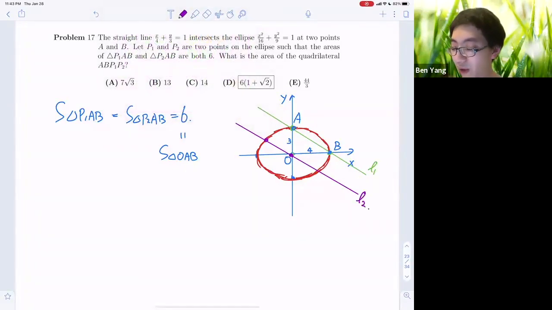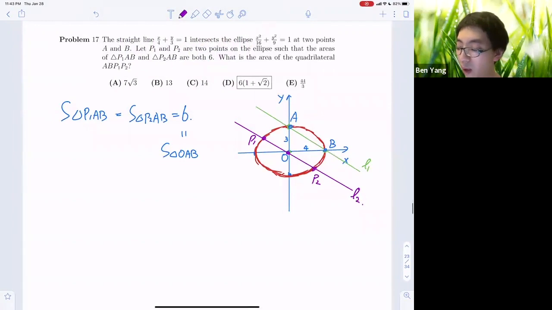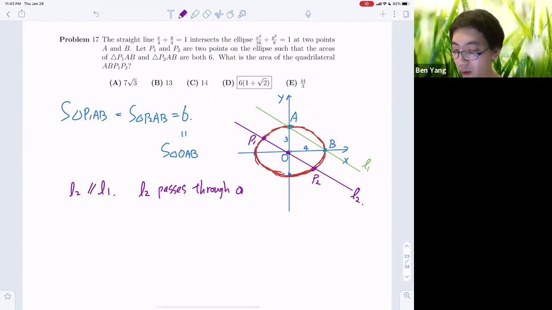And the two intersections are P1 and P2. Okay, L2 is parallel to L1. L2 also passes through the origin.